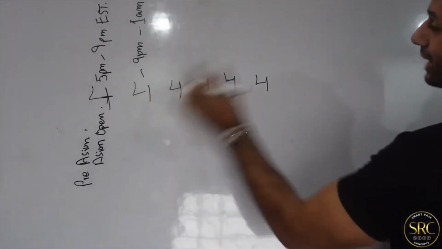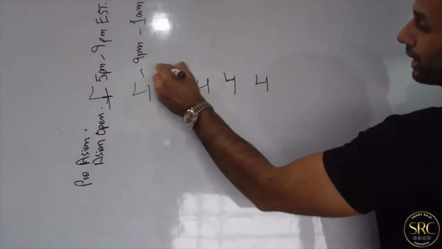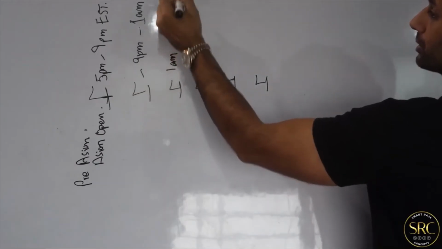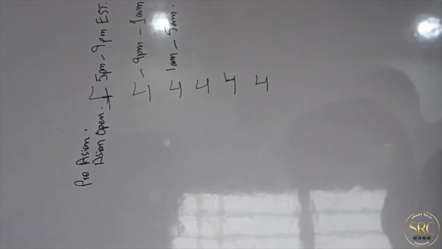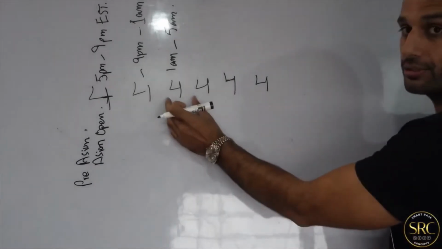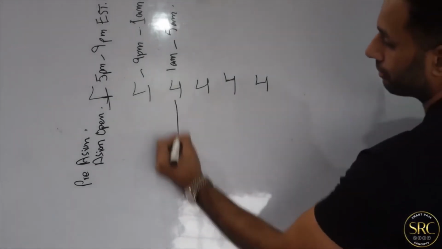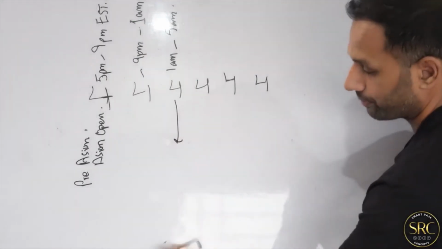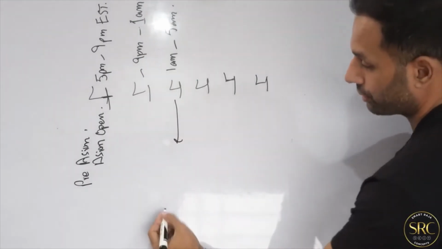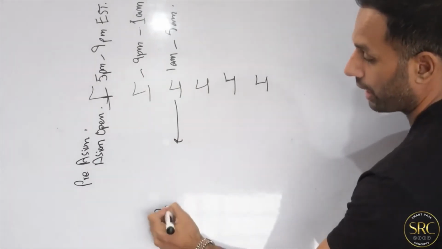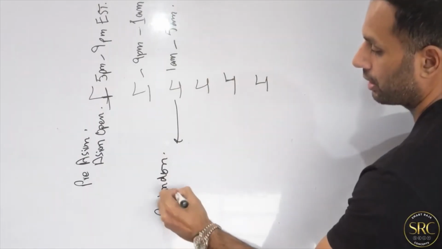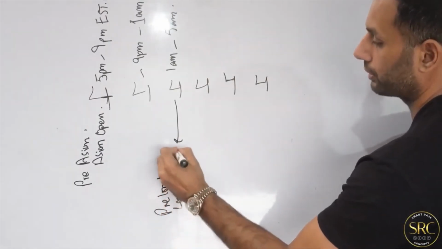After this, we have the next 4-hour candle. This 4-hour candle starts at 1 a.m., goes all the way up towards 5 a.m. Eastern. Now tell me which session falls in this 4-hour candle. You have your pre-London and your London open.